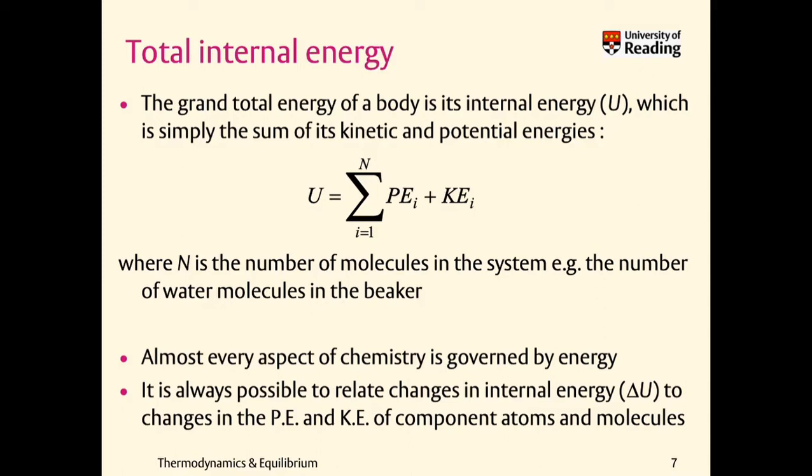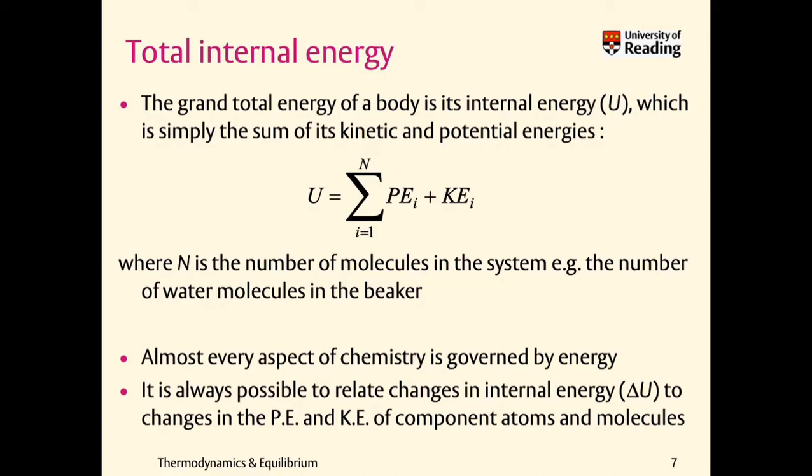Almost every aspect of chemistry is governed by energy. And it is always possible to relate changes in internal energy to changes in the potential energy and the kinetic energy of the component atoms and molecules.